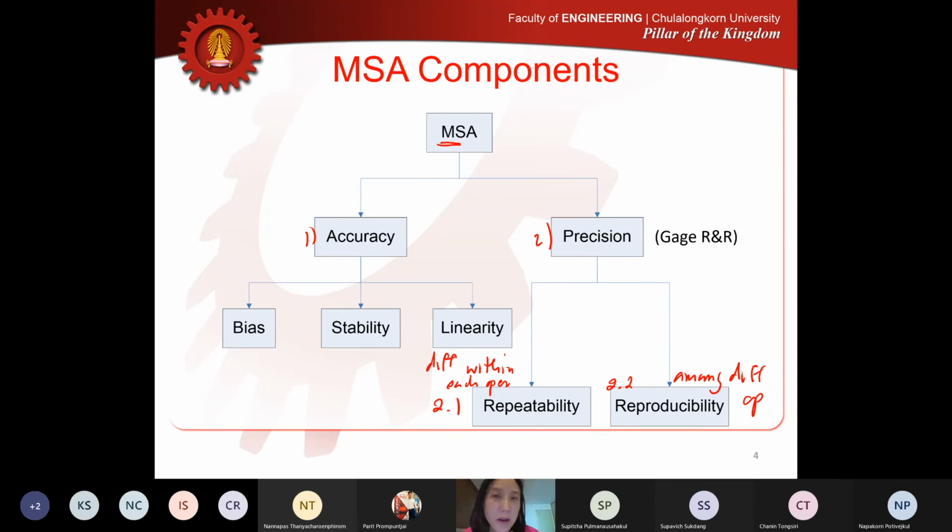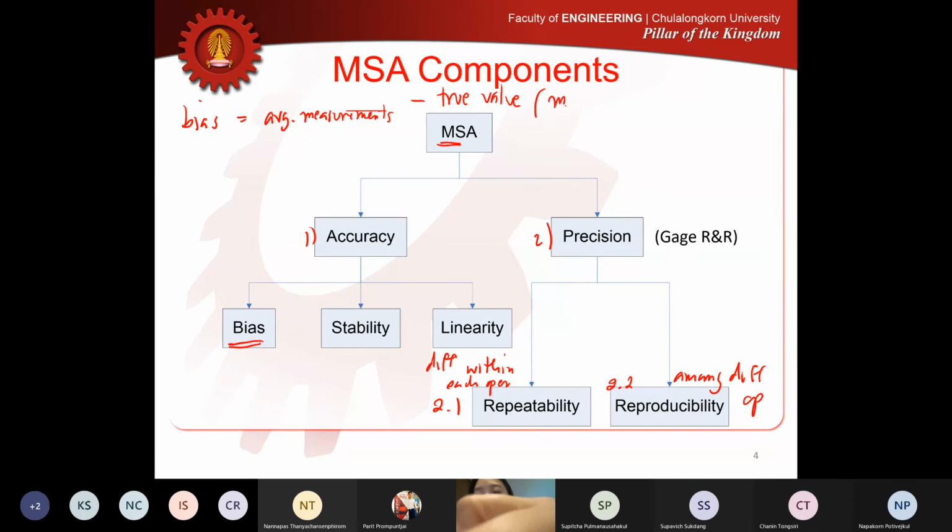And for accuracy, we will measure it in terms of the bias. Bias is the average of the measurements of that operator, subtracted by the true value. The true value we can call by different names.